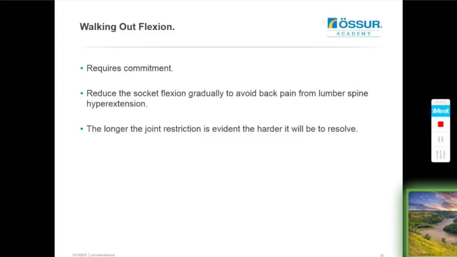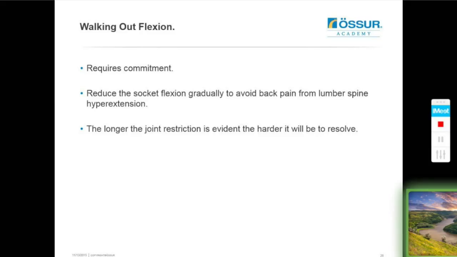It requires commitment from the amputee in that they will need to attend physiotherapy at very least once a week to make sure they're able to carry out these exercises and improve gait pattern correctly. We need to reduce the socket flexion or the flexion within the prosthesis gradually to avoid back pain from excessive lumbar spine hyperextension. And we need to realise that the longer the hip joint restriction has been evident, the harder it will be to resolve for the amputee.